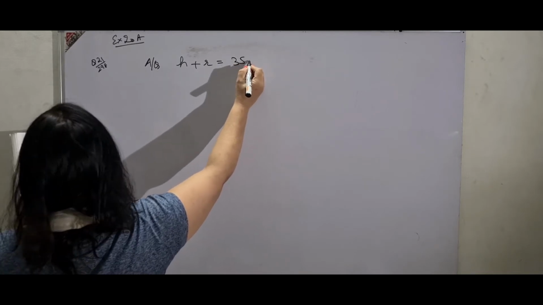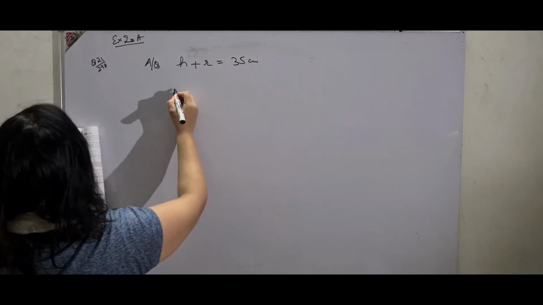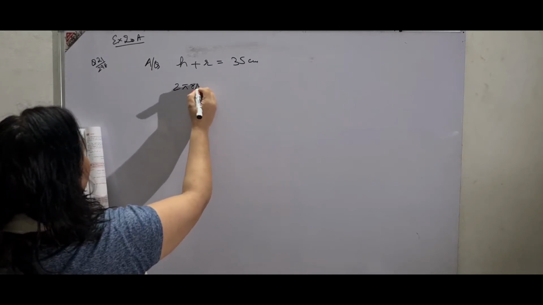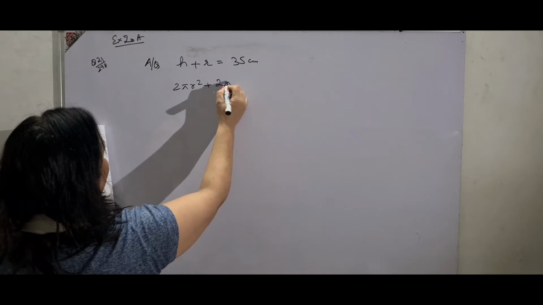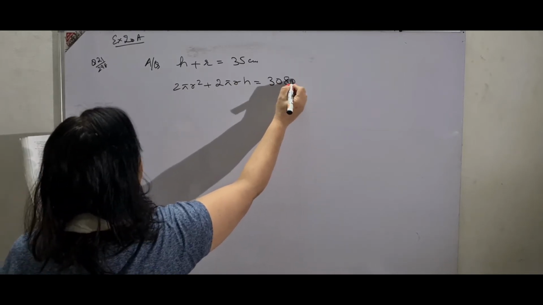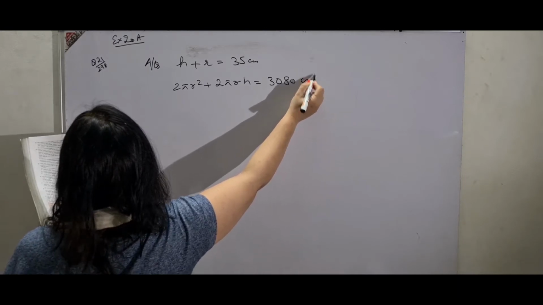It is given, and the total surface area of the solid cylinder, so 2 pi r square plus 2 pi r h, is given to be 3080 centimeter square.